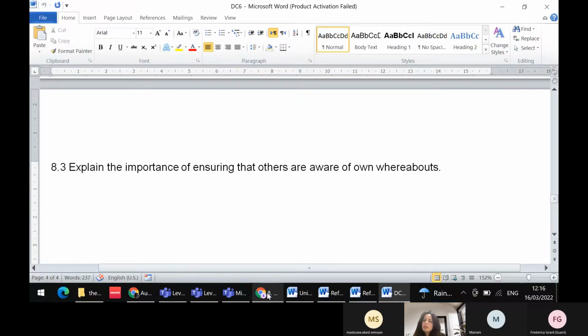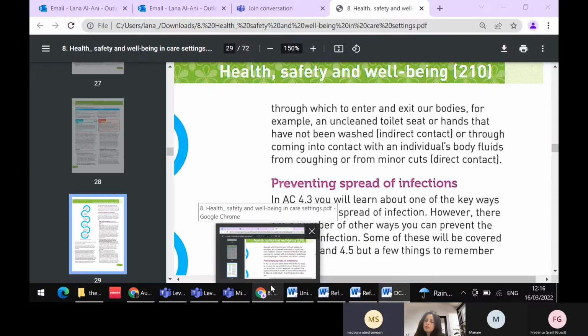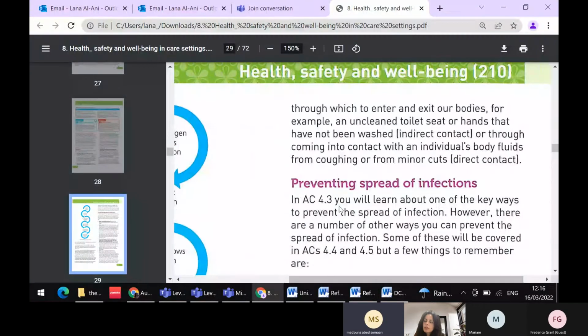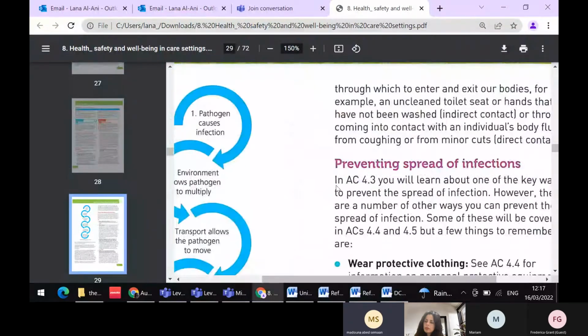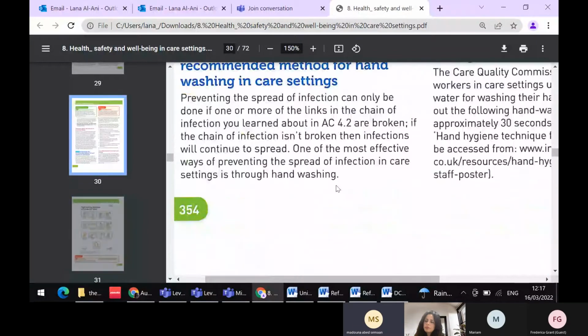What does this mean? What's the importance of this? I think, I don't know if it is right or not, but what I understand is we have to let them know where we are.